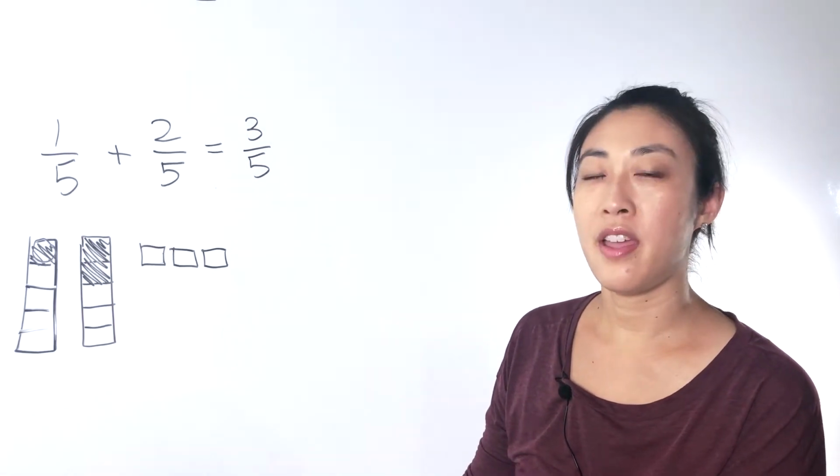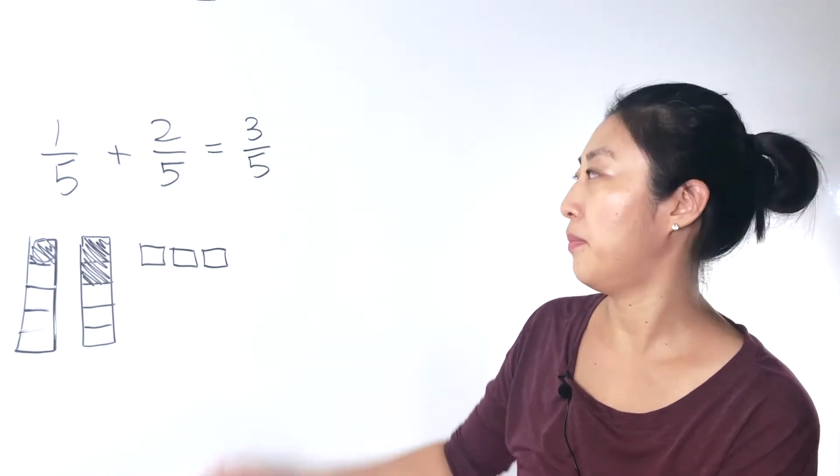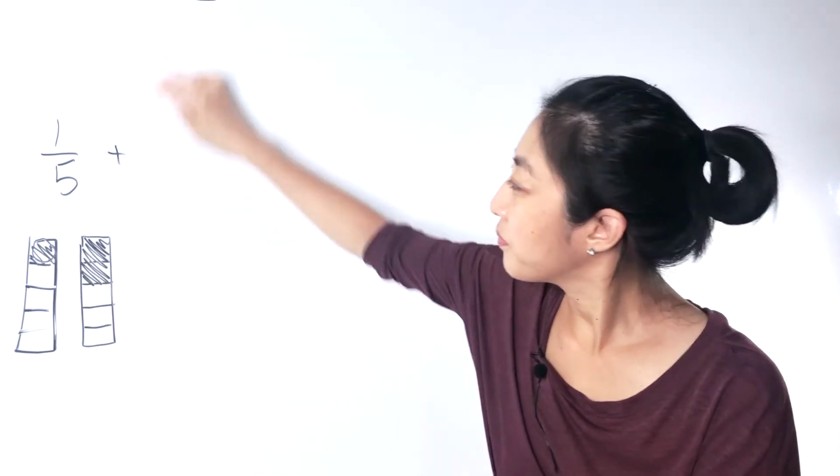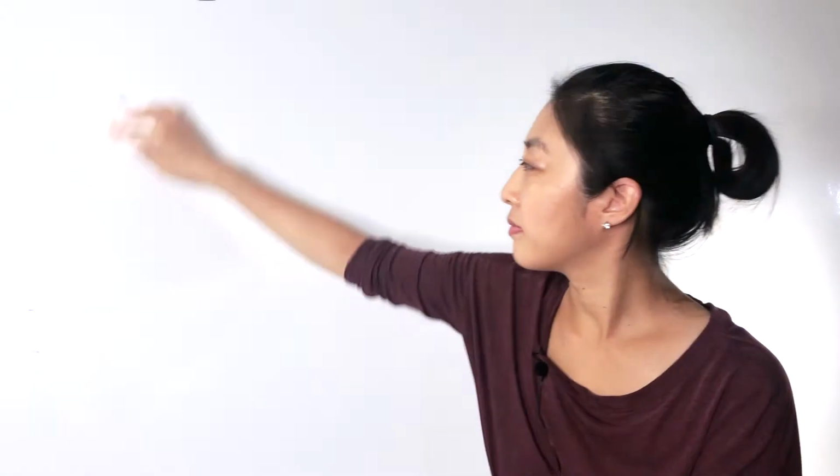So let's try a practice problem. What if you have to add or subtract fractions where the denominators are not the same? Let me give you an example on how to figure that out.